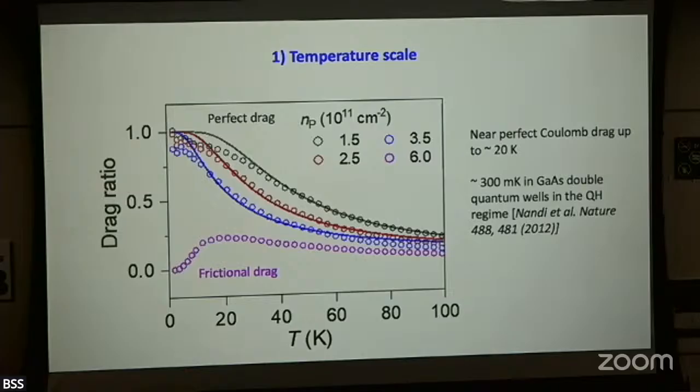I think in the quantum Hall system, the picture would be slightly different because there are those edge states, and how they couple.